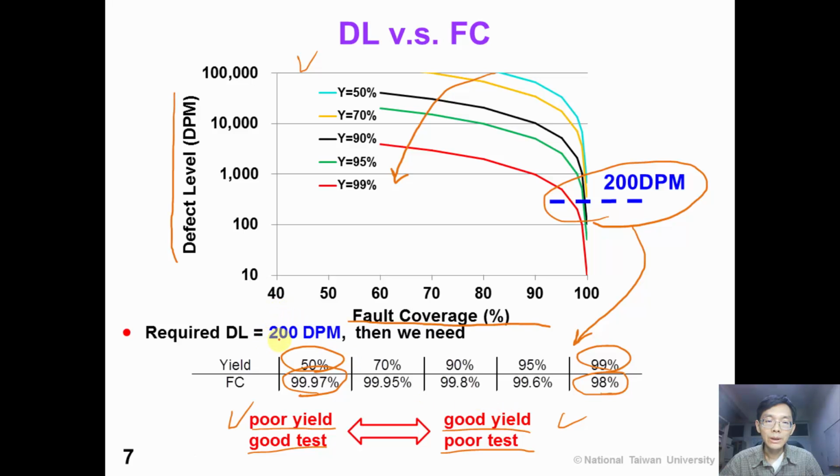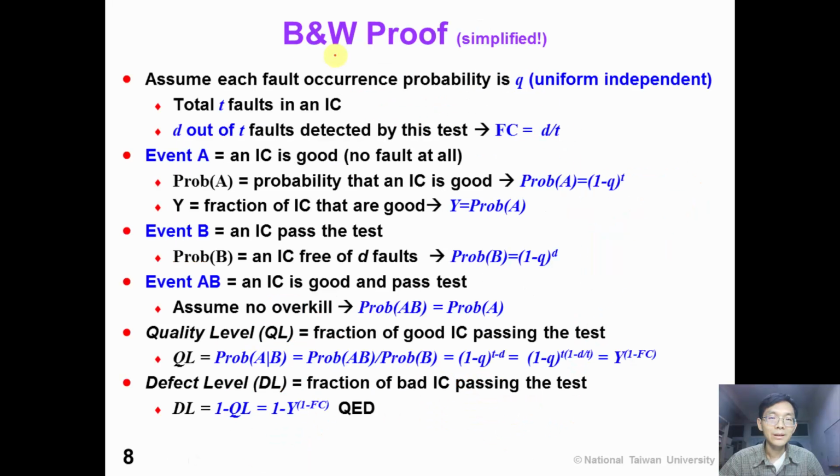So if we want to guarantee the defect level, we would require either a very good test or a very good yield. In this slide, we show a simplified proof of the Brown and Williams model.